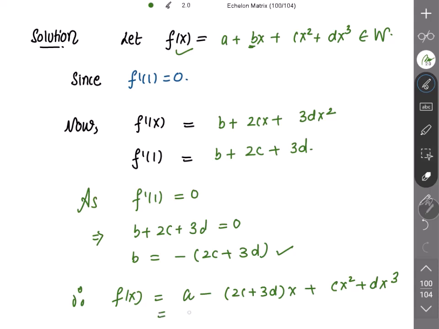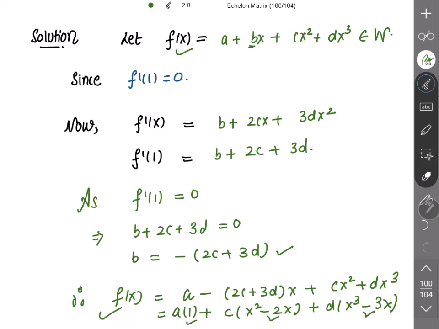Taking c common, we get c times (x square minus 2x), and taking d common, we get d times (x cube minus 3x). I can write a as a into 1. So we notice that f(x) is a linear combination of these three polynomials: 1, x square minus 2x, and x cube minus 3x.